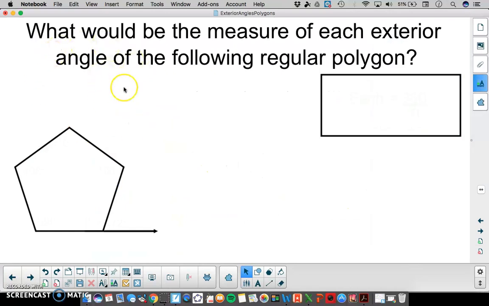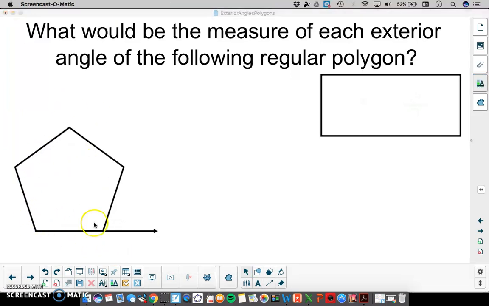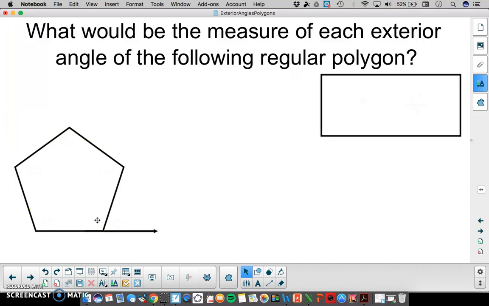Now we want to investigate what the measure of each exterior angle would be for the following regular polygon. So this is a pentagon here. I could find the interior angles first. Because I know it's regular, I know all of them are going to be equal. So through my interior angle formula, I know each one of these angles will be 108.